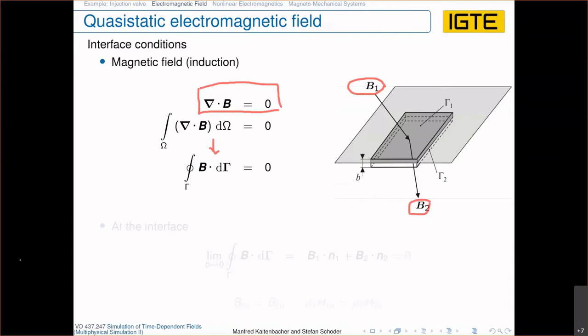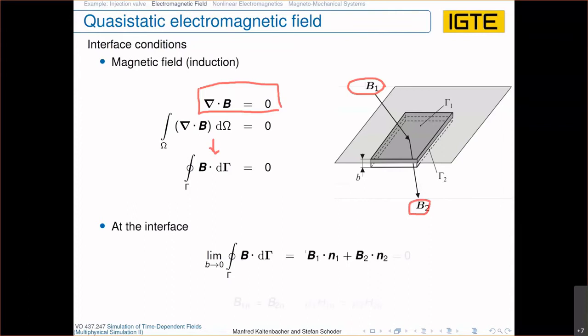Now we just cut out such a small box with a height b, and we let b go to 0. When this box has a very, very small dimension, we can more or less say that B is constant, and the evaluation means in this sense that we just have the following.